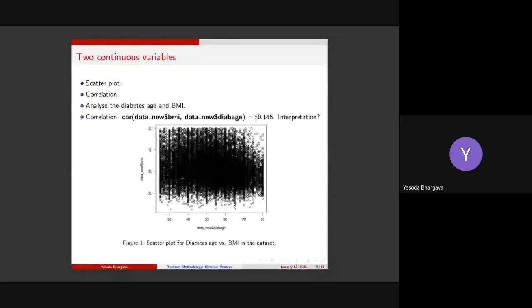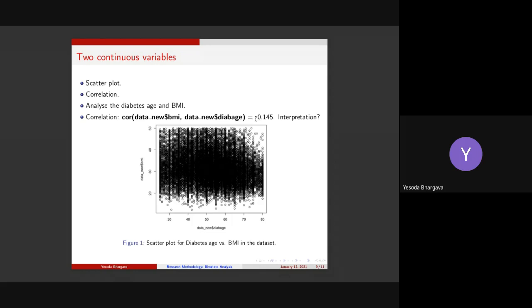Again, the two variables that you are analyzing in continuous form using a scatter plot have to have some meaning. Why should I be interested in knowing how BMI correlates with diabetes? Some of you might argue that it makes no sense. Even though correlation is negative, why should I bother?